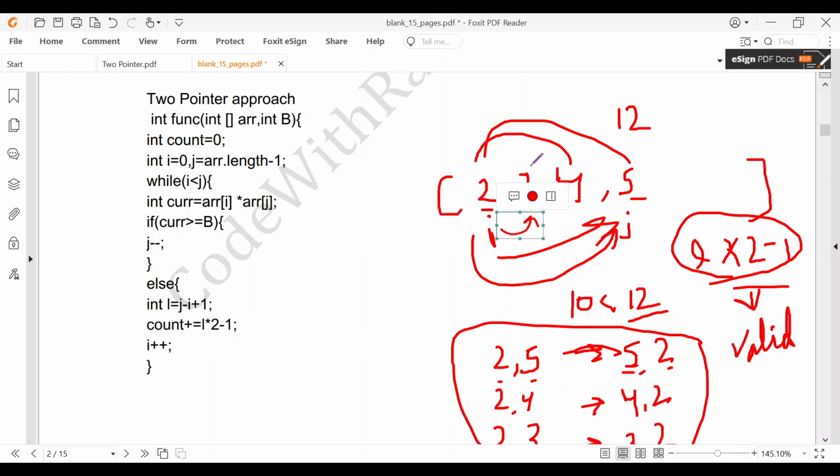So yes, that's why we are going to do this. I have increased the i plus plus also.